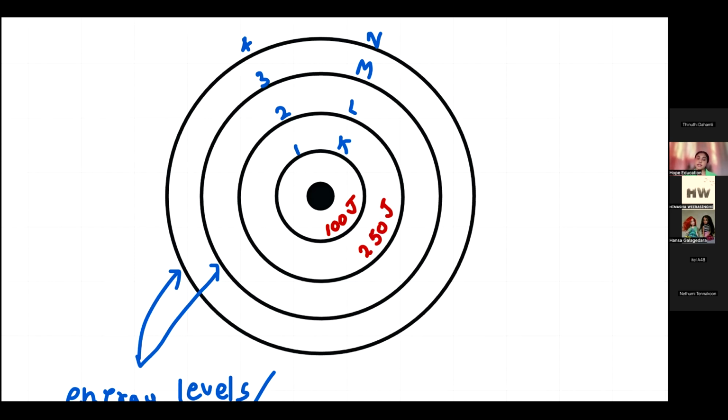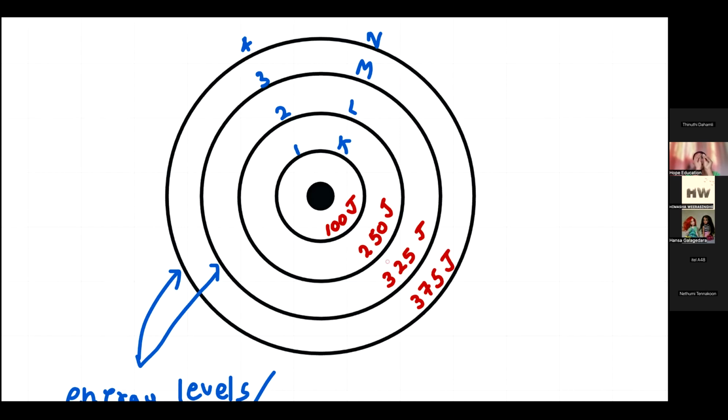Then the third energy level's energy is 325 joules. Then the fourth energy level's is 375 joules. These are just example values only.